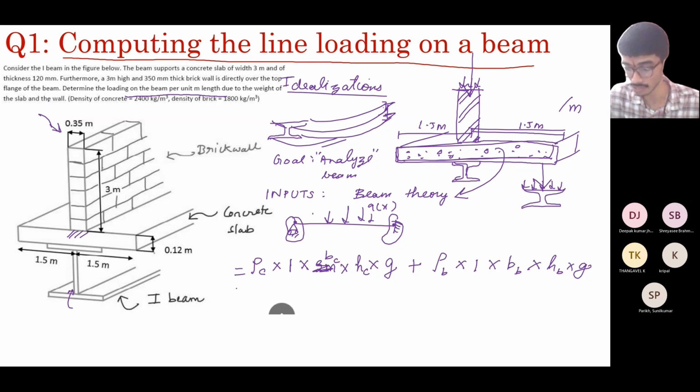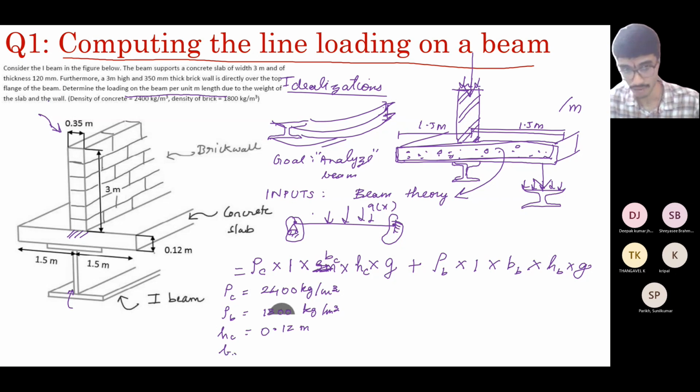It is given rho c is 2400 kg per meter cube. Rho b you can take as 1800 kg per meter cube. Height of concrete is 0.12 meters. Breadth of concrete is 3 meters.